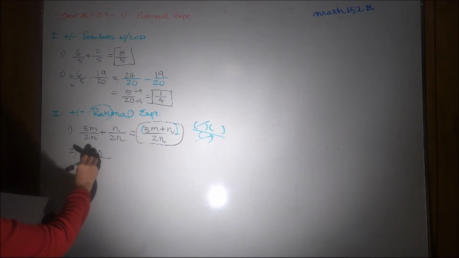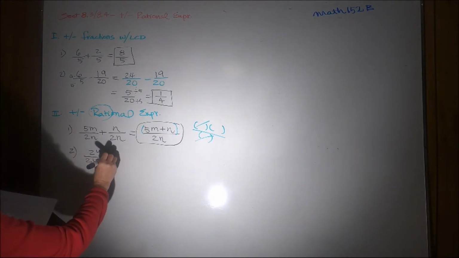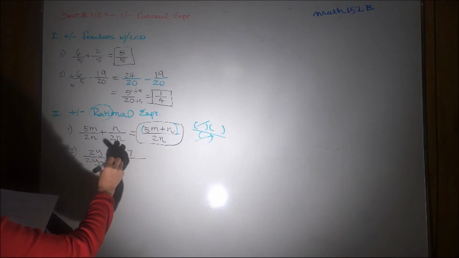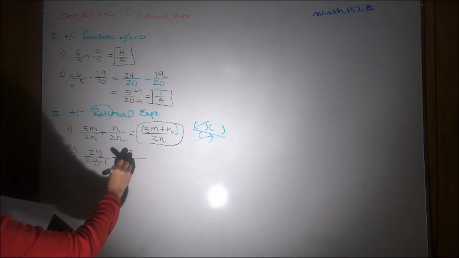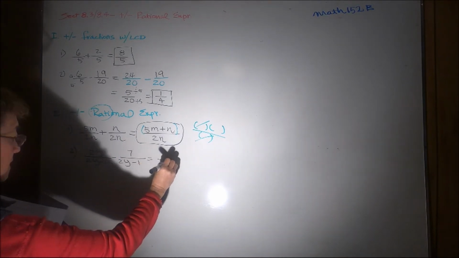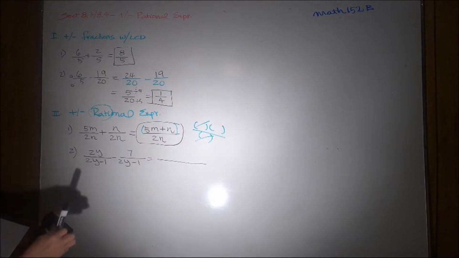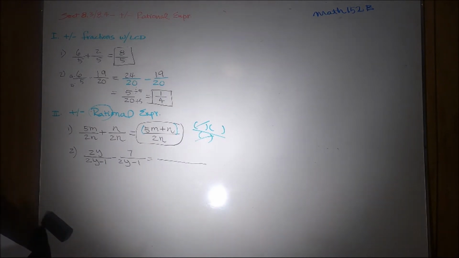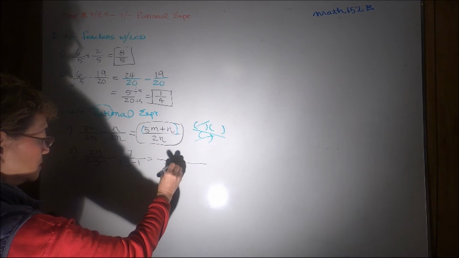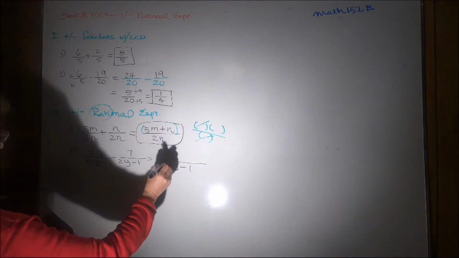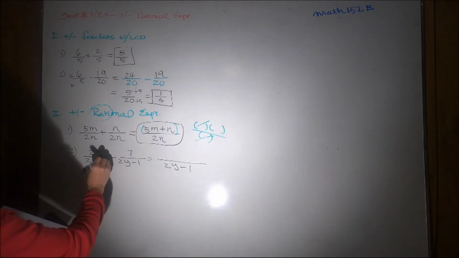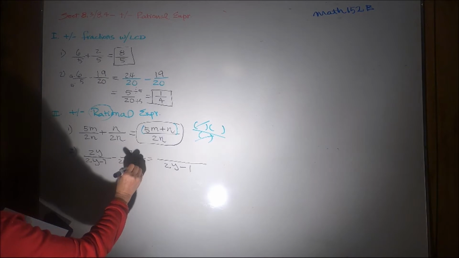Next one. Adding and subtracting, they are the same, right? Just combine the top. Do we have the same LCD, same denominator? So that would be that. Then, oops, that's a 7 on the bottom, right?